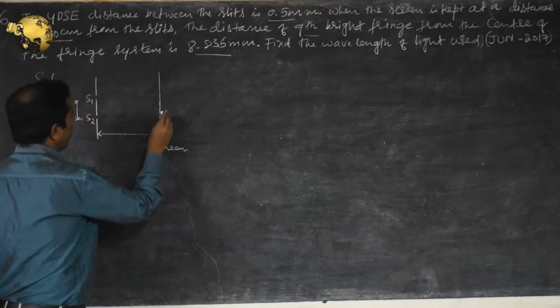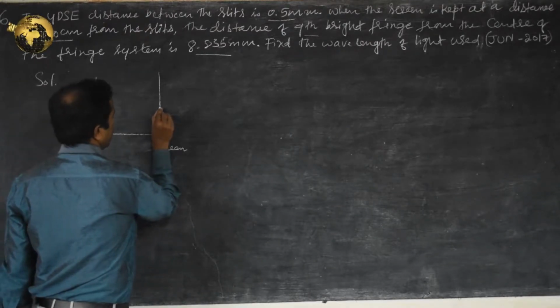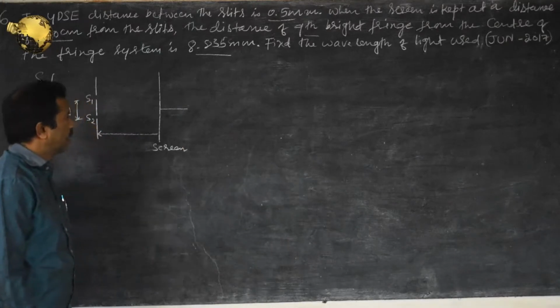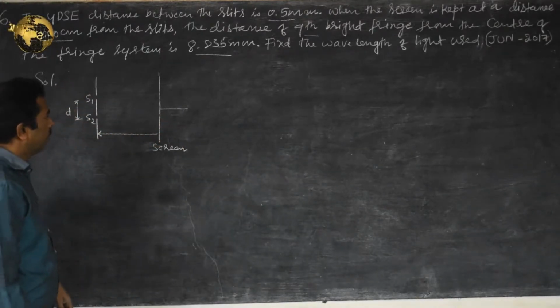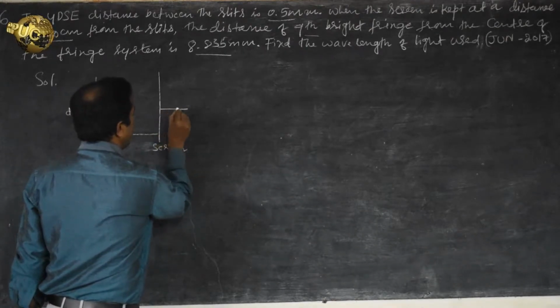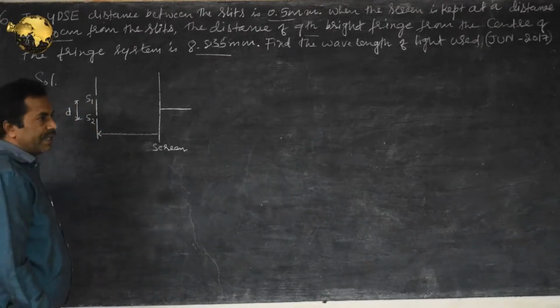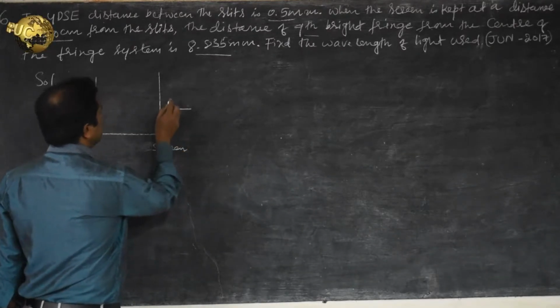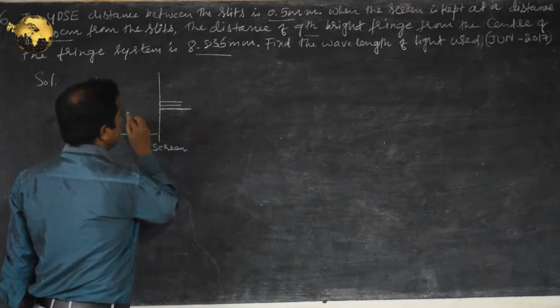On the screen, the fringes are formed due to interference of light from the two slits. So this is the central bright fringe. On either side, bright and dark fringes will be formed. So here, let us write the ninth bright fringe.